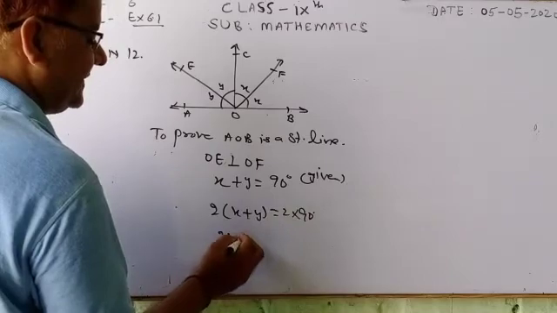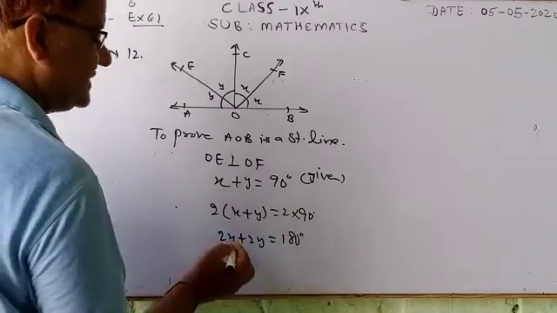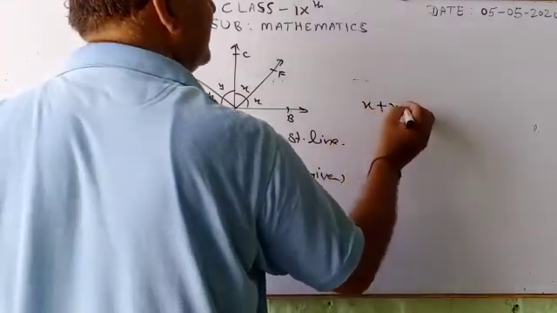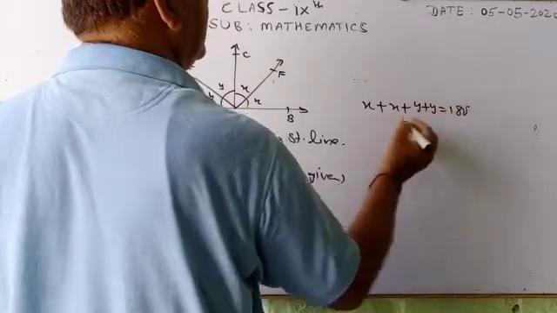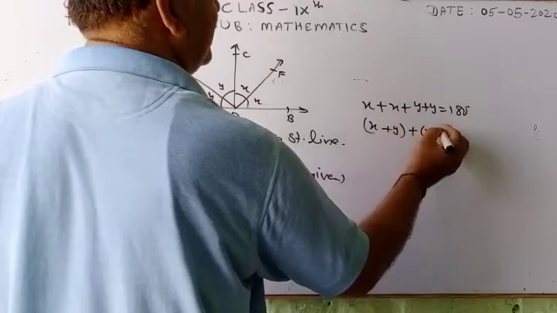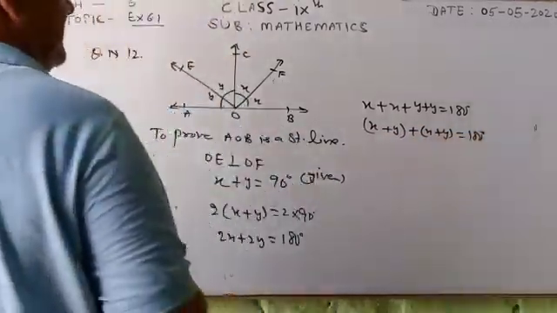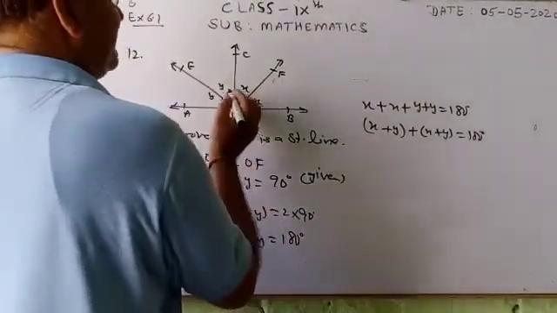So 2x plus 2y equals 180 degrees, and this can be written as x plus x, and 2y as y plus y, equal to 180 degrees. So this is written as x plus y plus x plus y equals 180 degrees. So we write down here x plus y and x plus y.